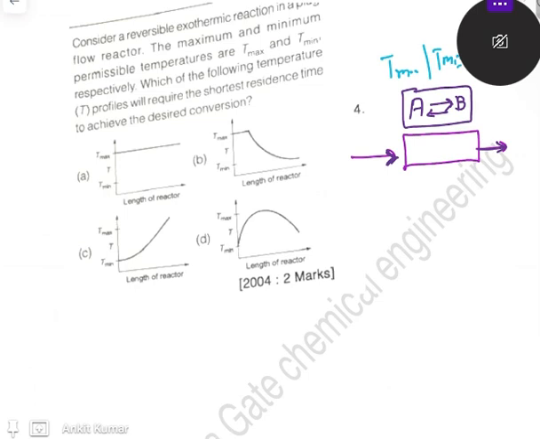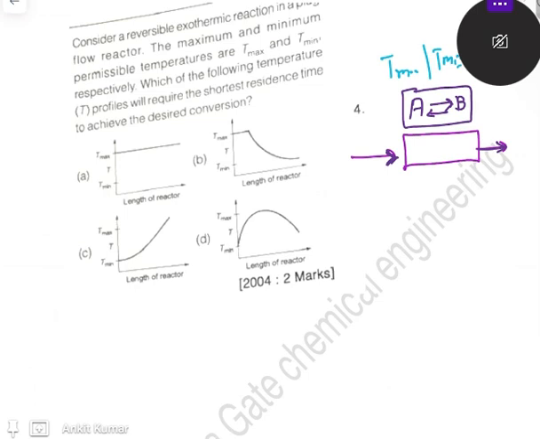If it is an exothermic reaction, what will happen? Initially the rate of reaction will be very high. Energy is getting released, right? So during the reaction, heat will be generated, and the temperature of the reaction system will be high initially.